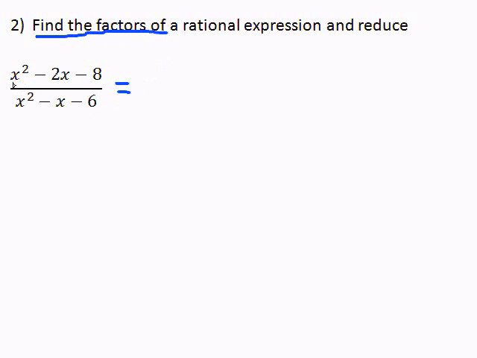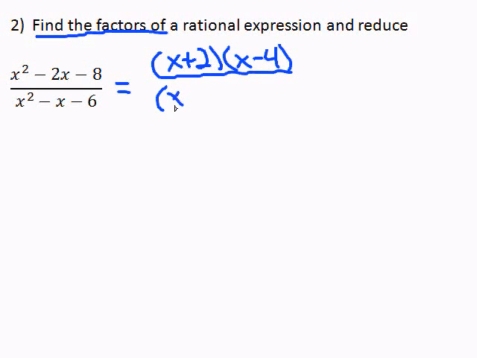To factor the top, we notice we have 3 terms, so we're looking for two numbers that multiply to -8 and add to -2. Those numbers are 2 and -4, so our factors are x plus 2 and x minus 4. When we factor the denominator, we get x plus 2 and x minus 3.